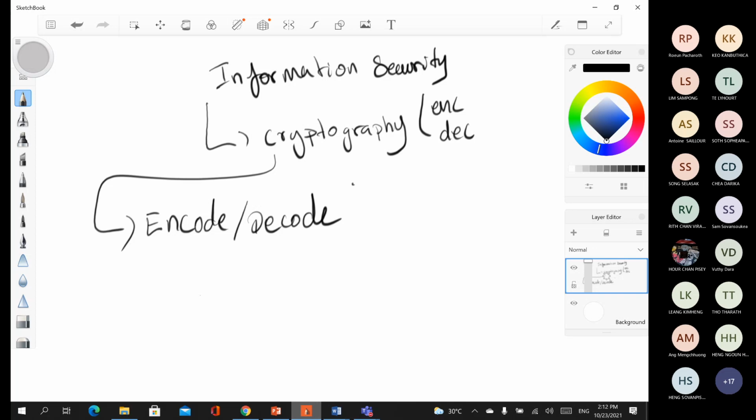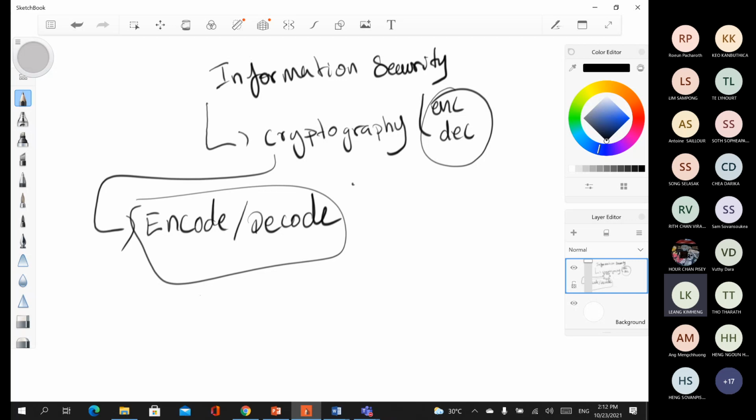Anyone can tell me? No, it's not about that, because encode and decode are the same, and encrypt and decrypt are the same. What does it mean to encode?